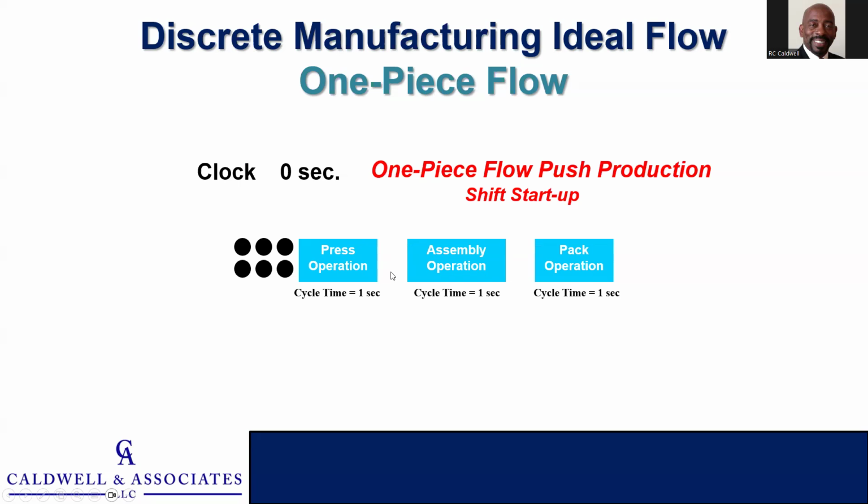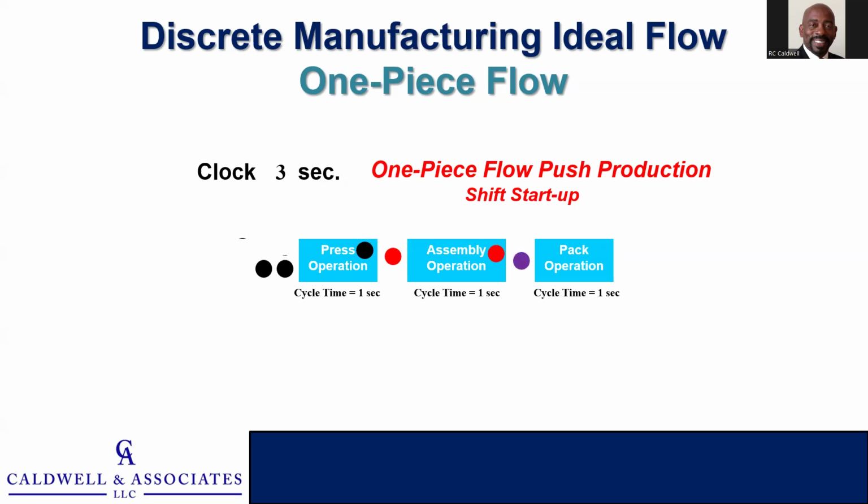So let's see what happens when we try to get 6 finished parts. First, we start with 1 in the press. Our clock time is 0, and we click 1 second, and we got 1 coming out of the press, 1 going into the press, and then we click 2 seconds. We got 1 going into assembly, 1 coming out of the press, 1 going into the press.